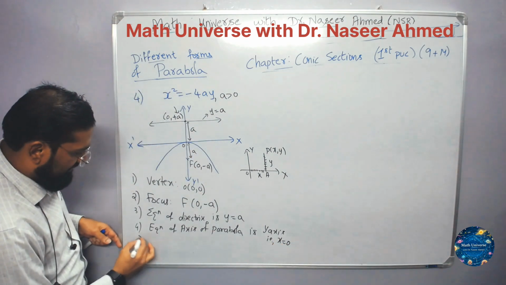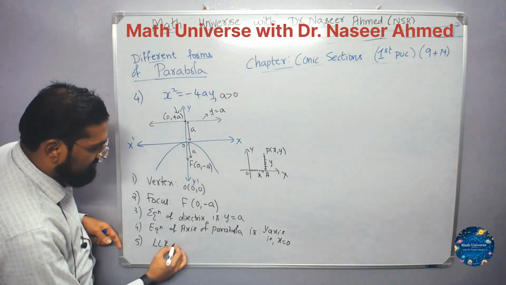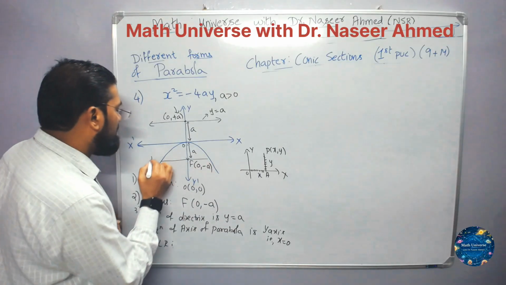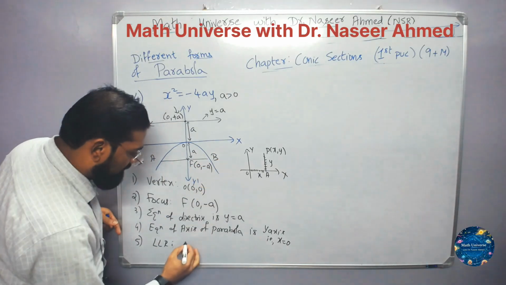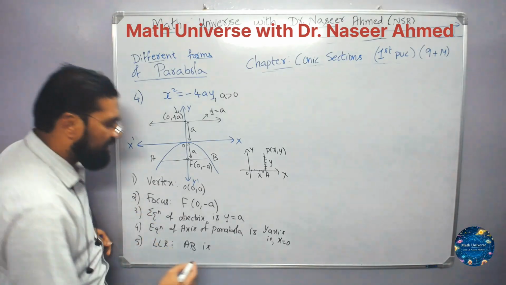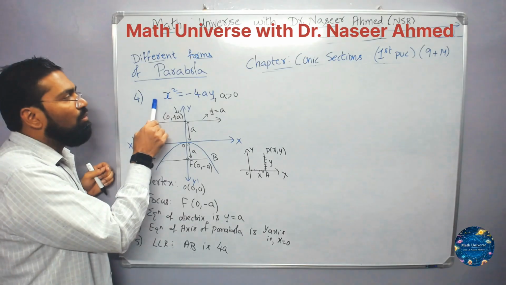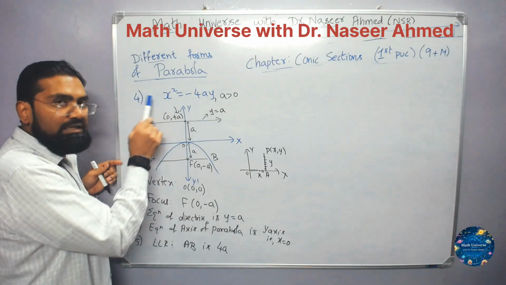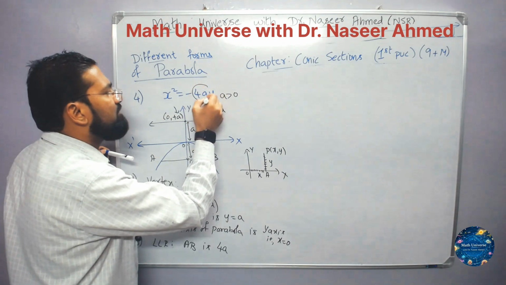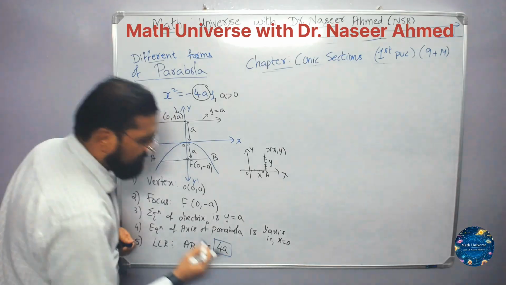Next, the length of the latus rectum, here AB. Again, the length cannot change, so it is 4a only. In all the cases, as soon as you make the x square multiple 1, whatever y multiple is there gives you the length of the latus rectum.